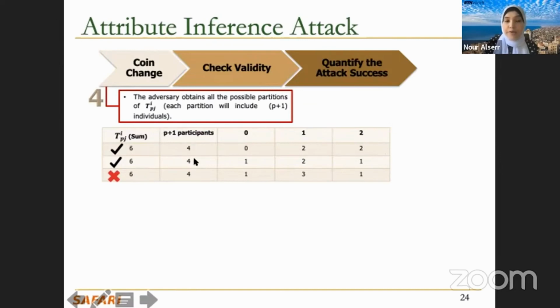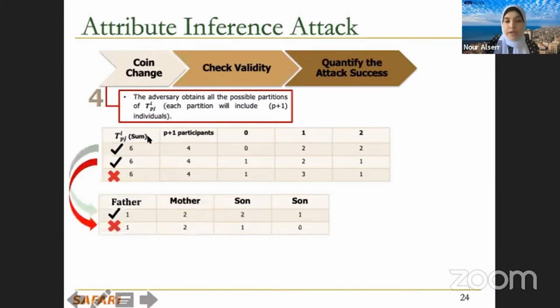Now, based on the participants included inside the query result, he could find what the correct partitions are and which partitions we need to exclude or ignore. For example, the third one has partitions for 5, but here the number of participants is 4, so we ignore that. Of course, we have many other partitions, but here we show a simple example.